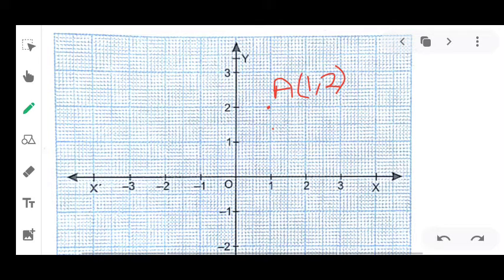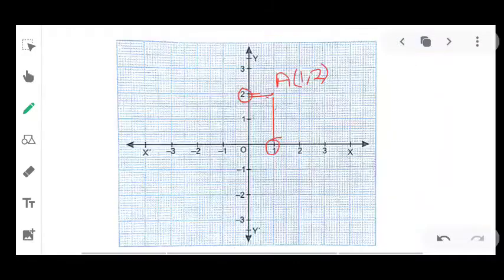If you draw an imaginary line, this line intersects the x-axis at the point 1, so that is the x coordinate or abscissa of this point. And if you draw a line perpendicular to the y-axis, then this line intersects the y-axis at 2, so the y coordinate of this point A is 2. So the coordinate of the point A is 1, 2, clear?